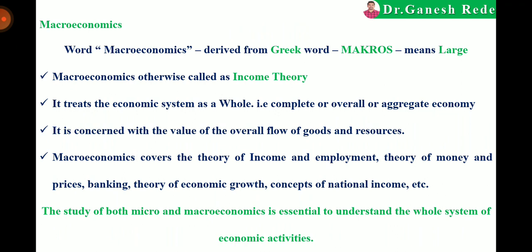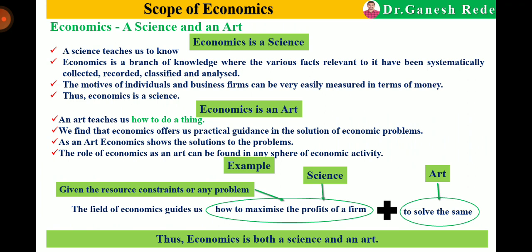The study of both micro and macroeconomics is essential to understand the whole system of economic activities. So this is all about the divisions of economics: the traditional approach, production, consumption, exchange, distribution, and the modern approach, microeconomics and macroeconomics.